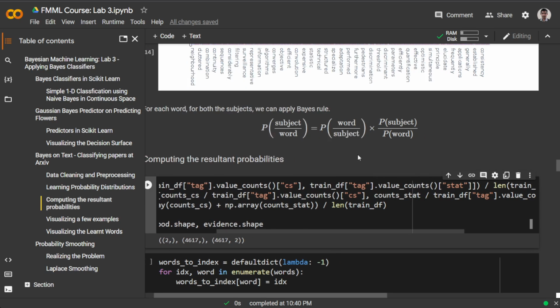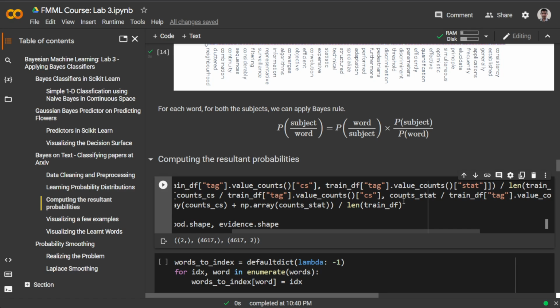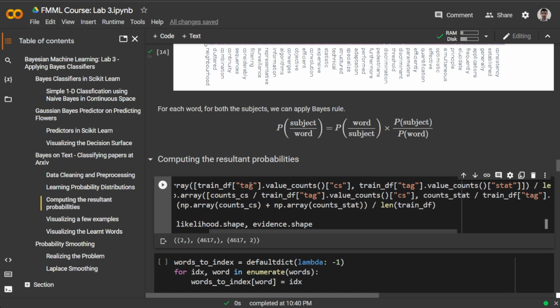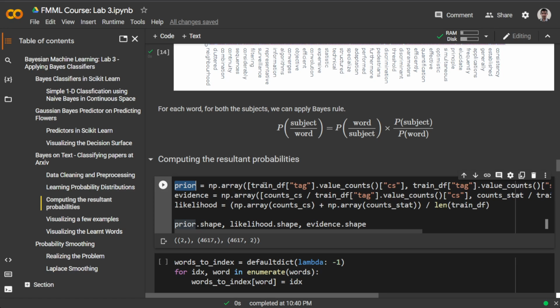So this would be 3500 plus 2500 would be the length of the data set, which is a total of 6000 elements, and the value of the prior probability of computer science would be 3500 by 6000, and that of statistics would be 2500 by 6000, because we know that to be the true distribution of elements in the data set.